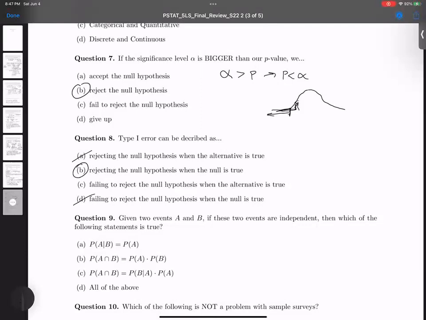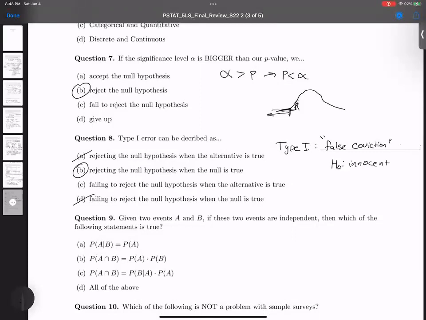And then type 1 error is equivalent to a false conviction in a courtroom setting. Somebody is innocent until they're proven guilty. So the null is that somebody is innocent.